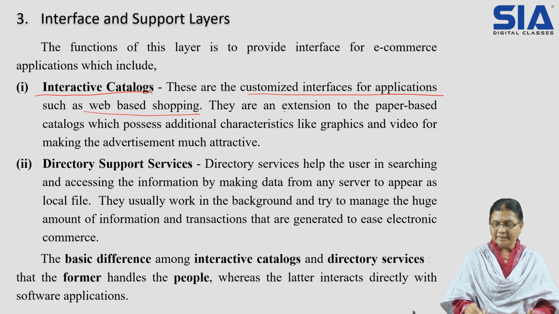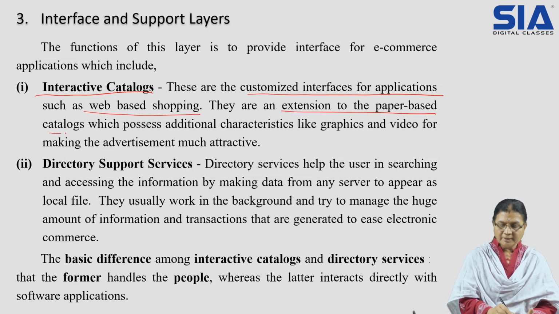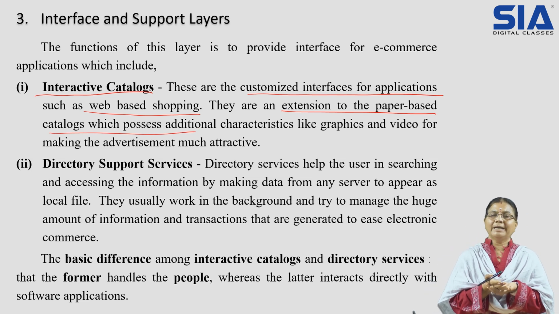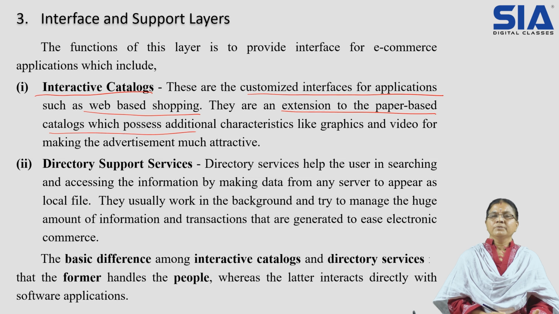They are an extension to the paper-based catalogs. Previously we used to carry paper-based catalogs, but now it is an e-catalog. With that catalog you can send it on WhatsApp or through any social media, where the person can receive it and immediately get the information.